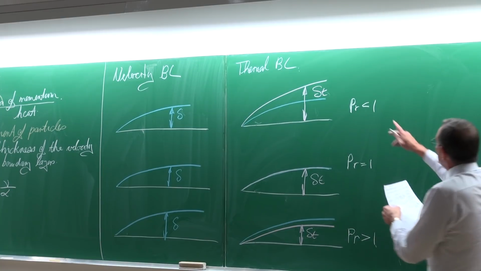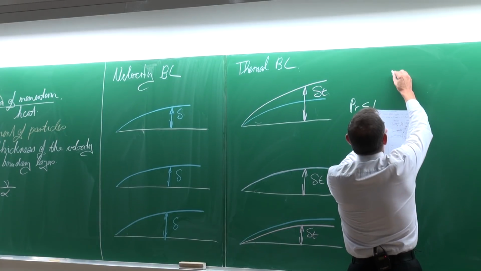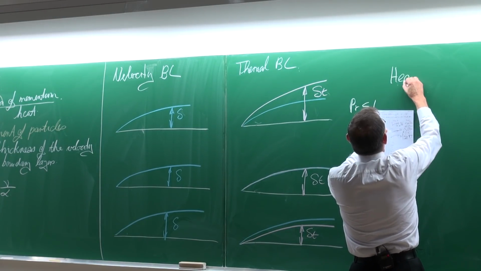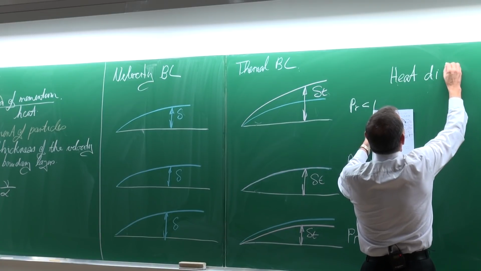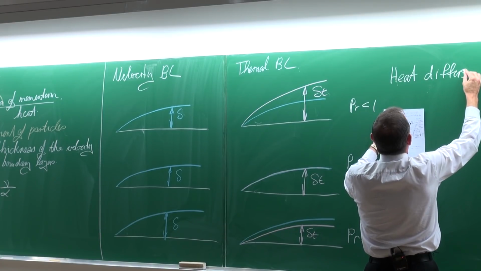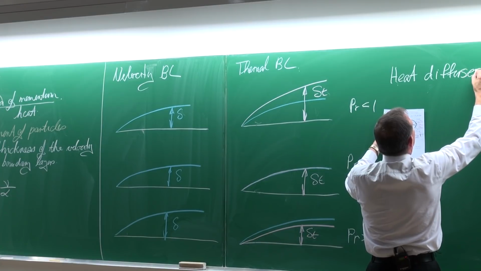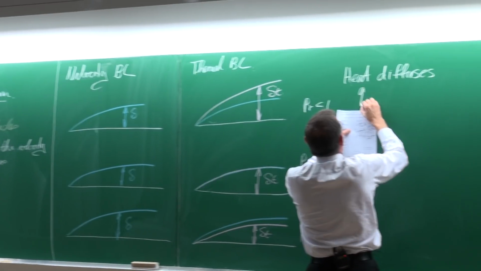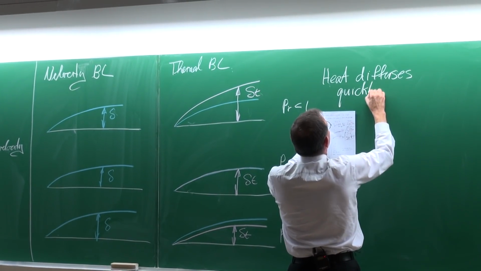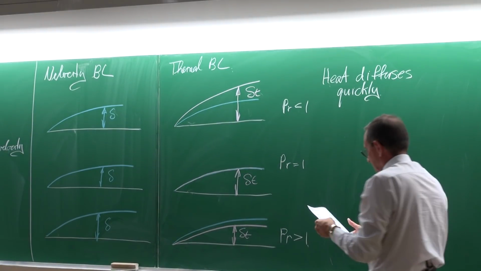So if the Prandtl number is smaller than 1, it means that heat diffuses quickly. Okay.